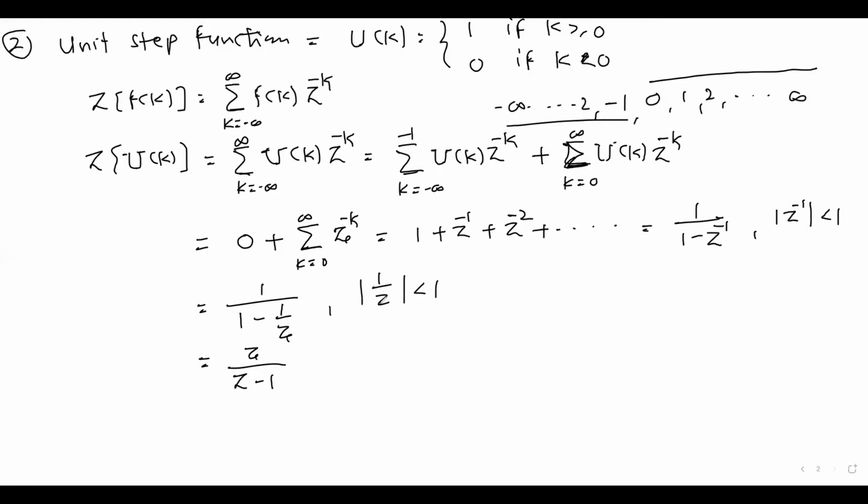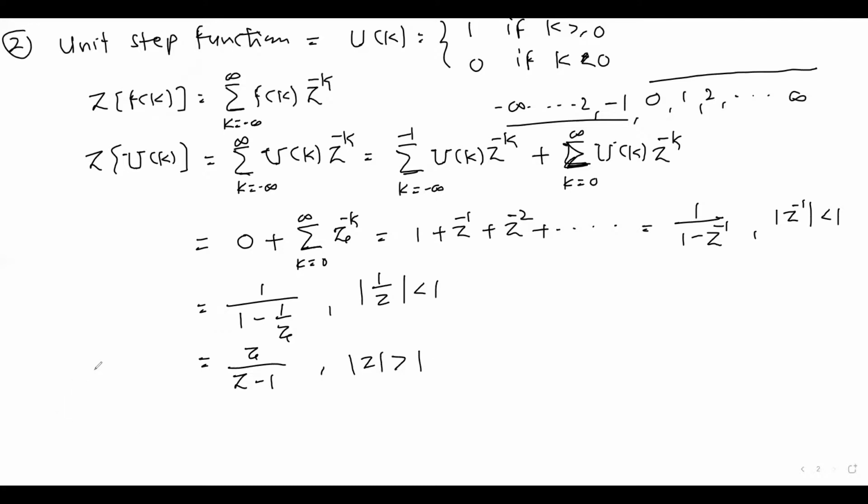And here we want the ROC for z, not the reciprocal. So take the reciprocal of this term: 1 upon z, its reciprocal is simply z. The inequality changes here, 1 upon 1 is 1.